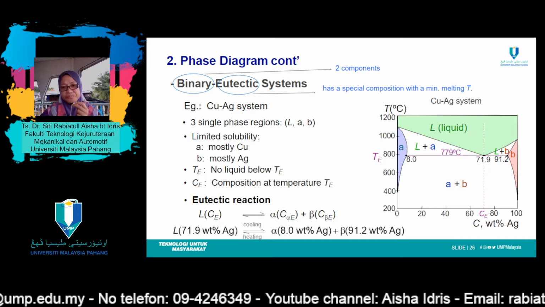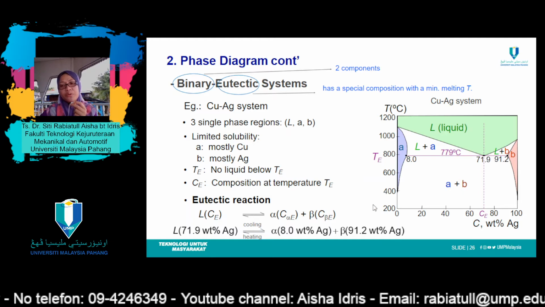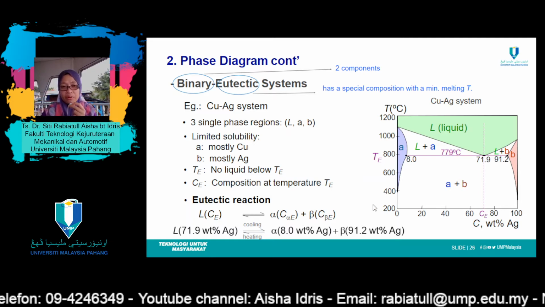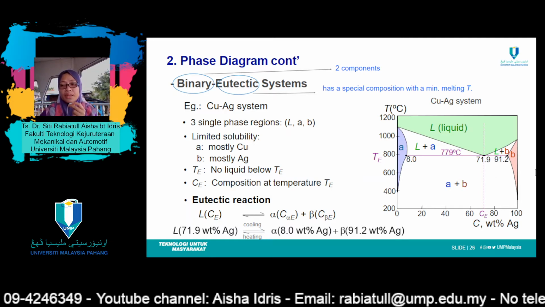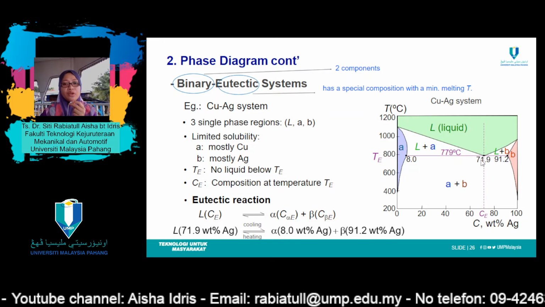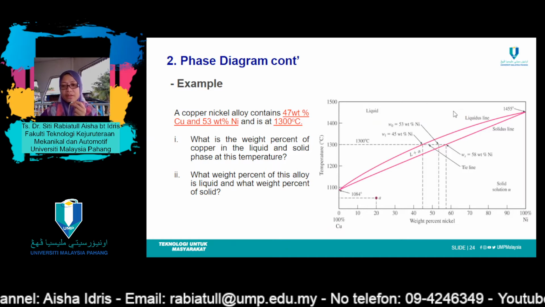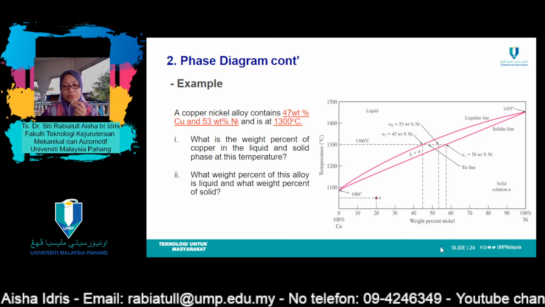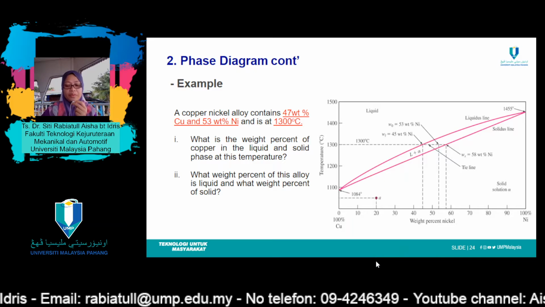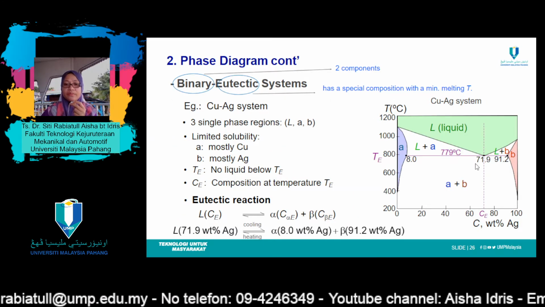The eutectic point is this point. From the phase diagram just now, you don't see this point, the eutectic point, like this one. For the copper nickel phase diagram, there's no eutectic point over there. However, for this one, there's a eutectic point over here.